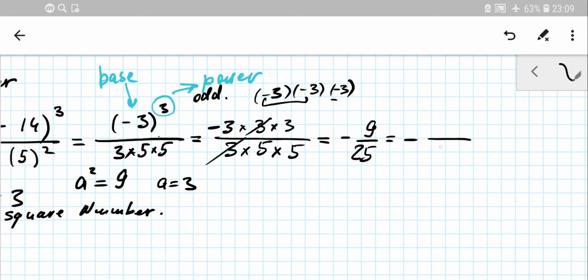In order to get 10 or 100 or 1,000, what are we going to get here? We are going to get 100. So we multiply each part by 4. The top one is 36 and the bottom part is 100. So finally we'll get negative 0.36. That is going to be the final answer.